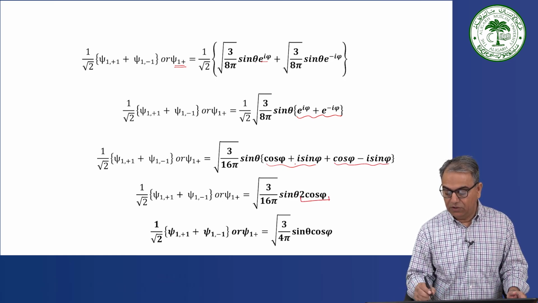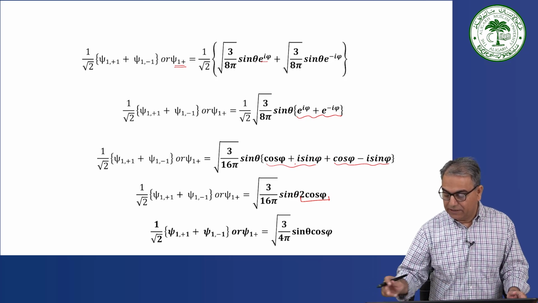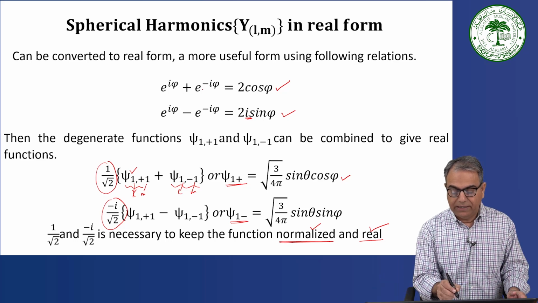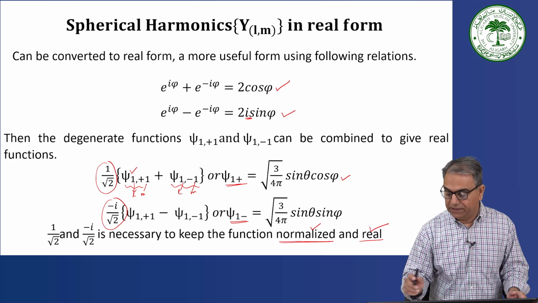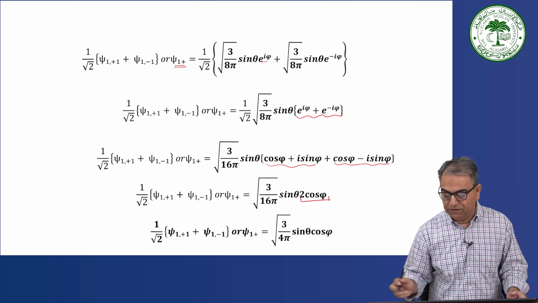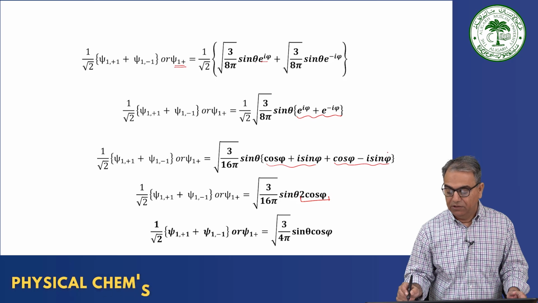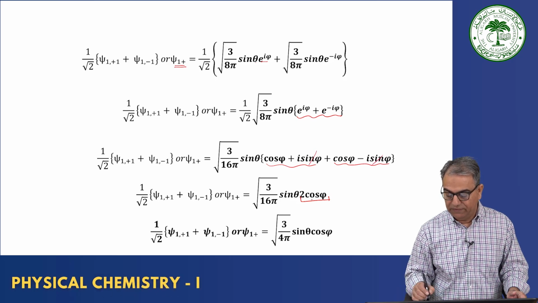A direct relation also I have written, that e to the power i phi plus e to the power minus i phi is equal to 2 cos phi. So you could have written it with one more step as cos phi plus i sin phi plus cos phi minus i sin phi. So these two will go, and you will have 2 cos phi.